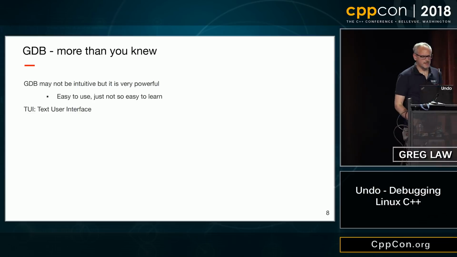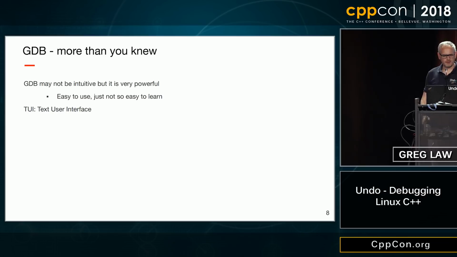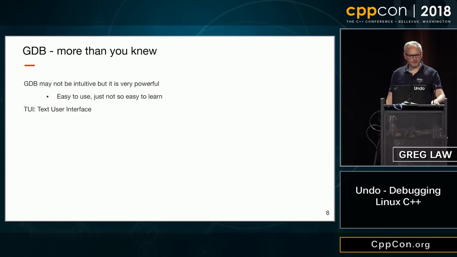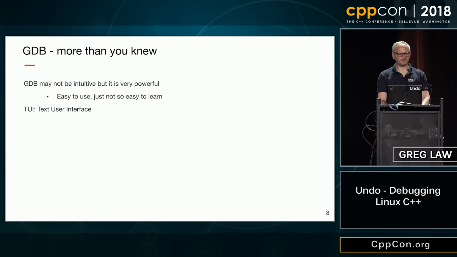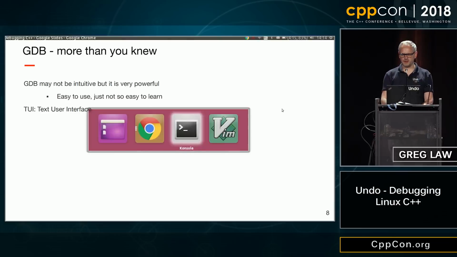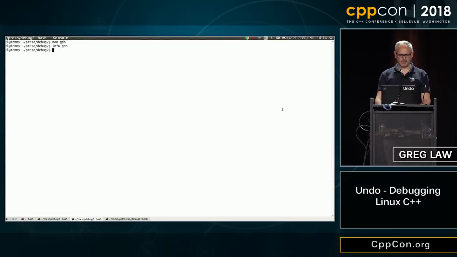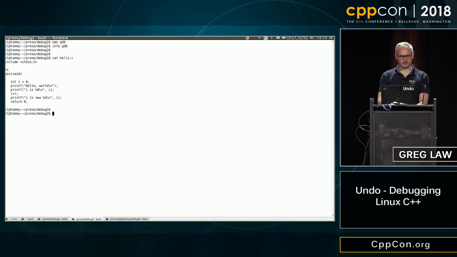So the first thing I'm going to talk about, and I'm always amazed by this, is the one feature of GDB that I think is least known and most useful. So here is a program, hello world, with just a tiny little bit of extra stuff. And so I'm going to compile it.